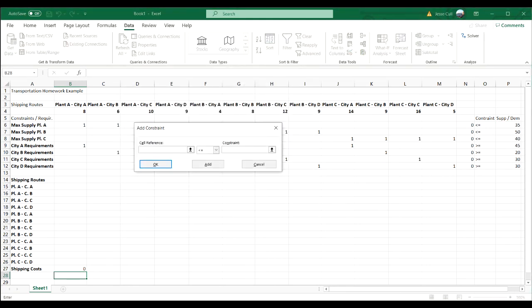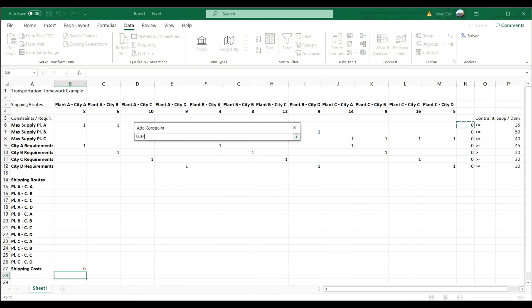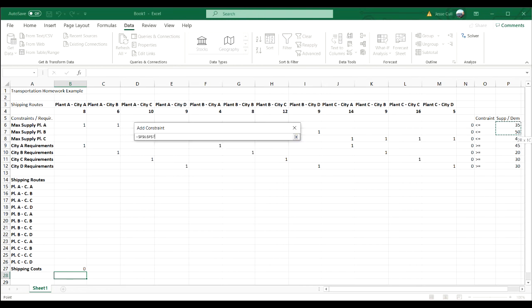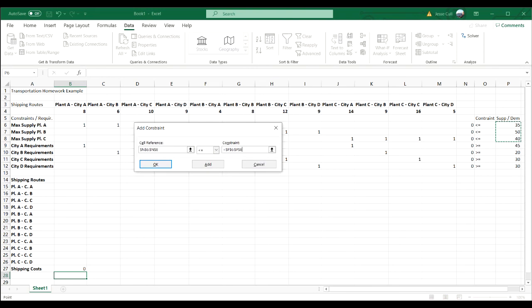Sorry, I made a quick typo. So cell reference, these three columns, the constraints, must be less than or equal to these three. That's our first constraint. The computer is able to extrapolate and follow the patterns we established. So we add that.